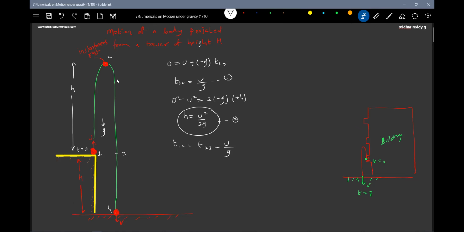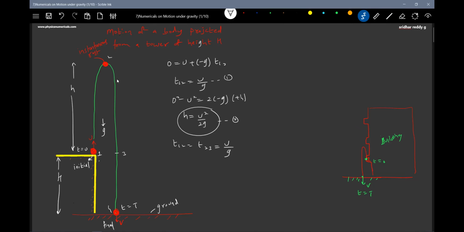Now I'm interested in how much time it will take to come and strike the ground. Okay, let's write the equation. This is the initial point, and this is the final.